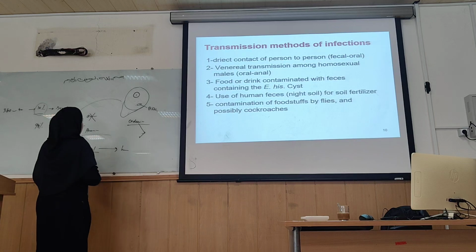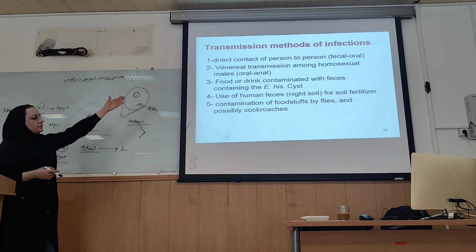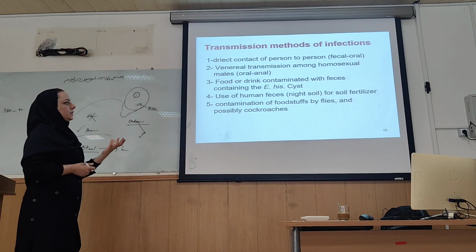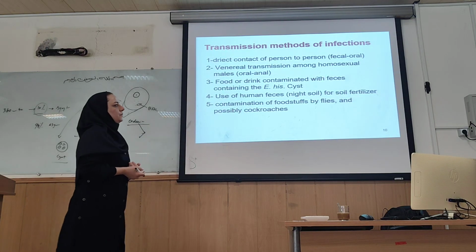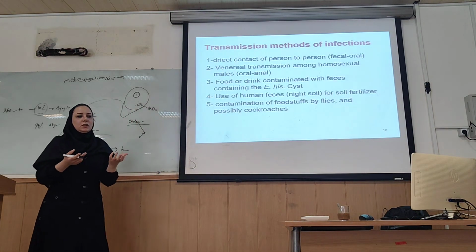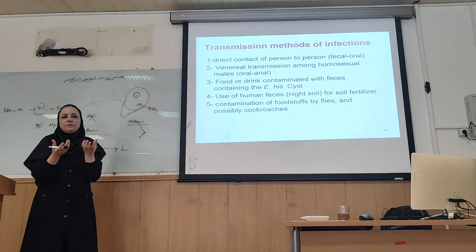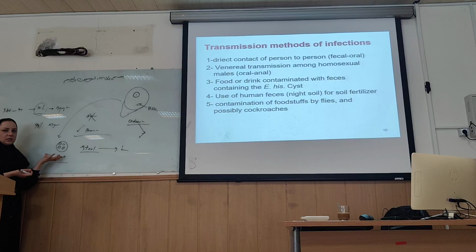So we have the infective stage and the trophozoite. How do they transmit? It can infect directly, for example, person to person. For example, an infected individual goes to the WC without washing their hands. Their hands can be contaminated with the stool that contains the cyst.